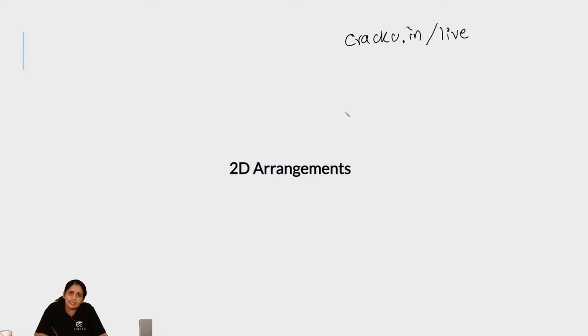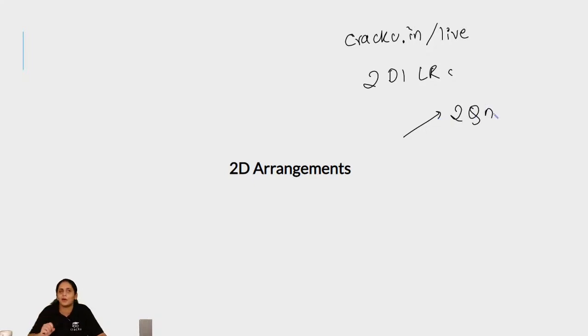In this particular live session, we are going to have 2 DILR sets. The first set is going to be a smaller set, just to get you acquainted with the idea of how to solve 2D space arrangements. This will be a 2-question set, an easier set, not very trivial, but on the easier side. This is basically to get you started with how to solve these kinds of sets.